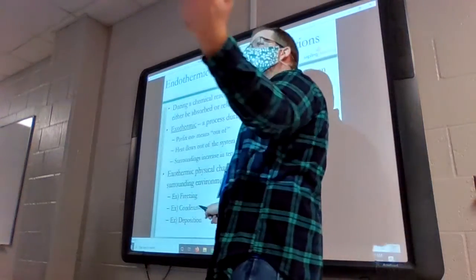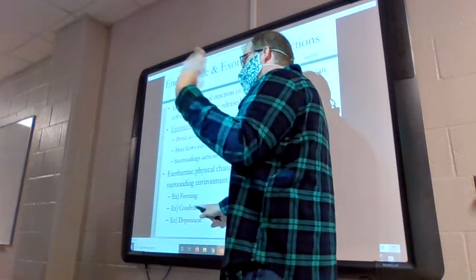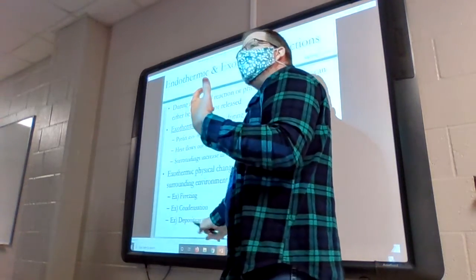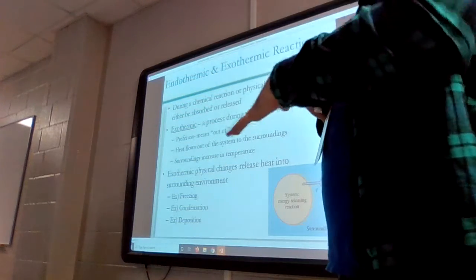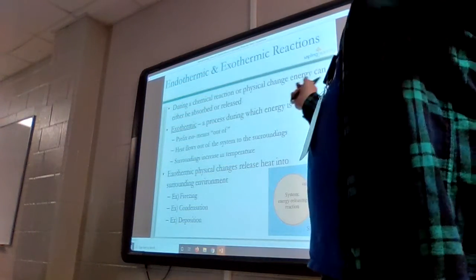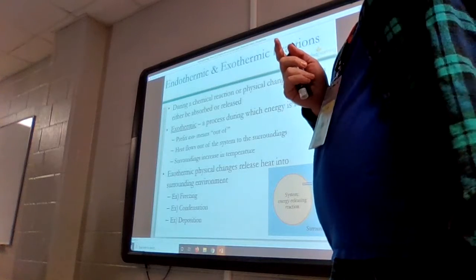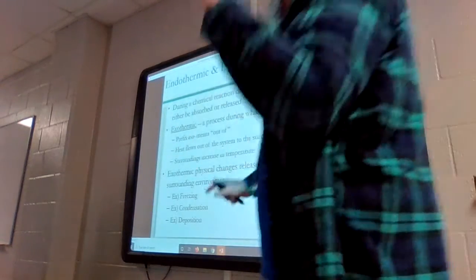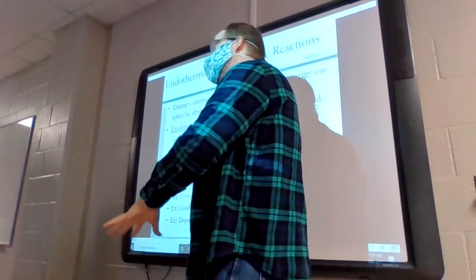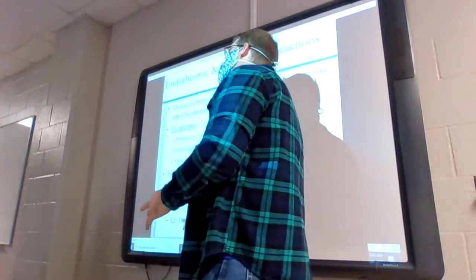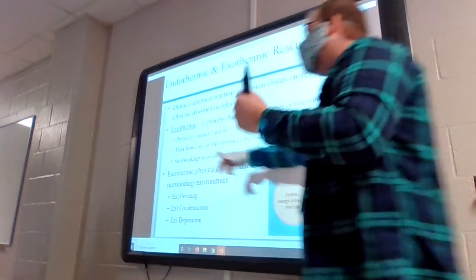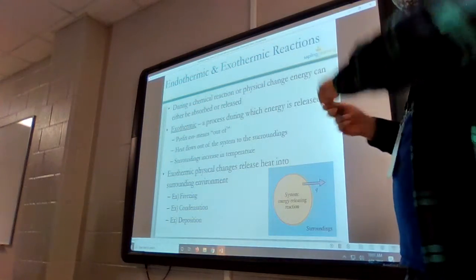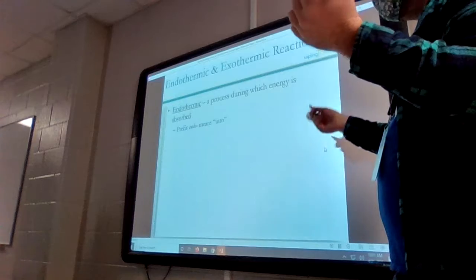And so I need to cool it down and take some of that heat out to get condensation. Same thing with deposition. Deposition is gas directly to a solid. I skipped the liquid phase. But again, thinking of water, steam is hot, ice is cold. In order to go from steam to ice, I have to cool that down a lot and all the heat has to leave. So all 3 of these are exothermic. The heat is leaving out of my system. That's what I'm looking at doing right there.